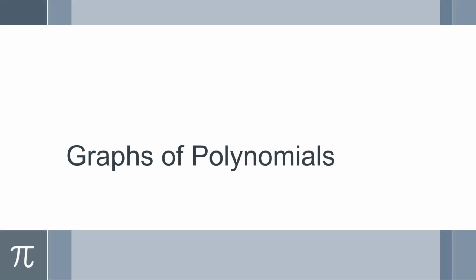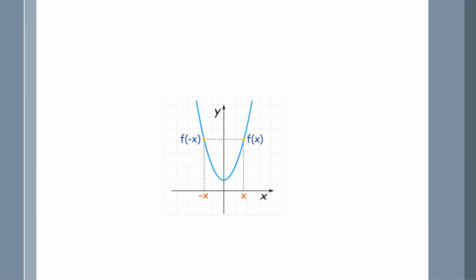Polynomials and dealing with graphs. So look, you're going to start out dealing with graphs that deal with symmetry. Alright? And this perfect symmetry that you see, this is an even symmetric function because it's even around the y-axis. Alright?